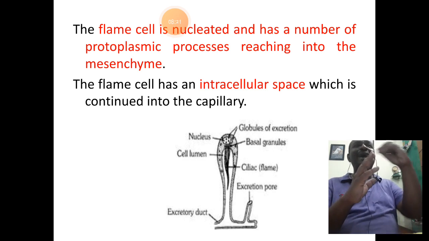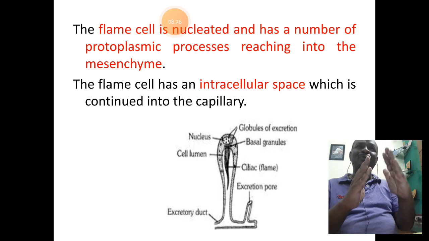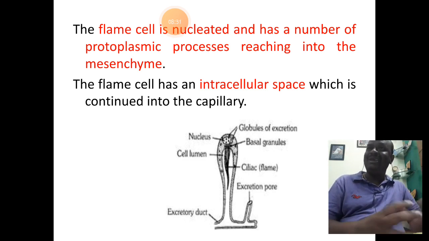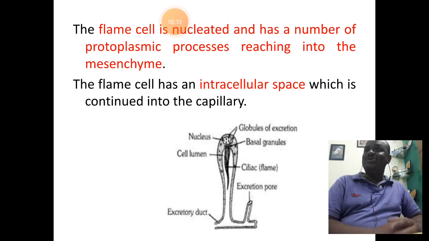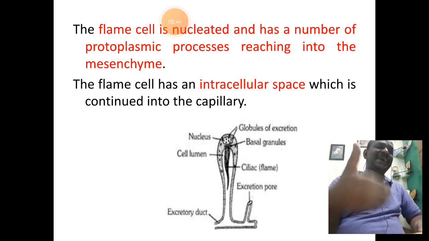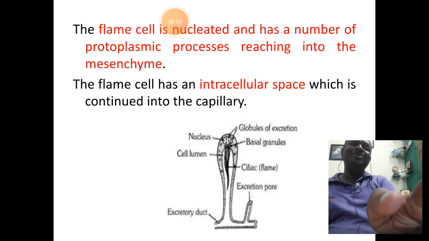When you blow air on a candle flame, how the candle flame keeps moving, that is the condition of the movement of the ciliary structures. Since this group of cilia shows similarity with the flickering flame of a candle, the cell is also referred to as a flame cell. This is the name which is commonly given for solenocytes.